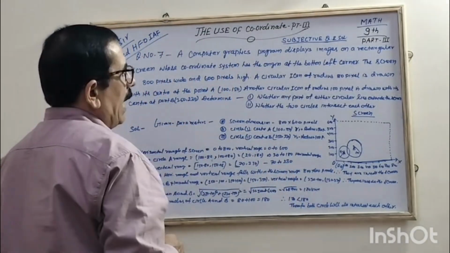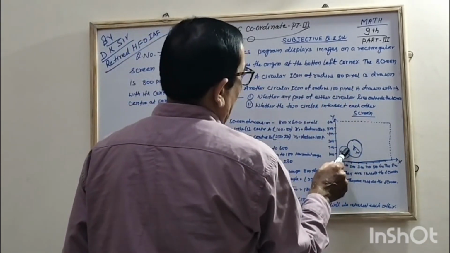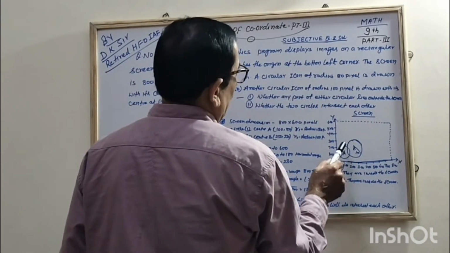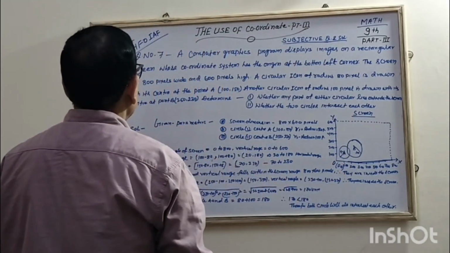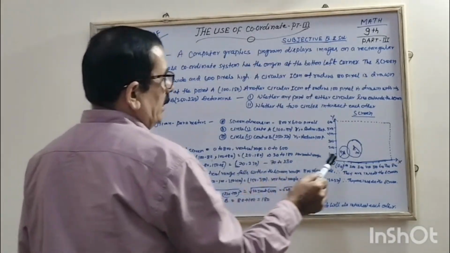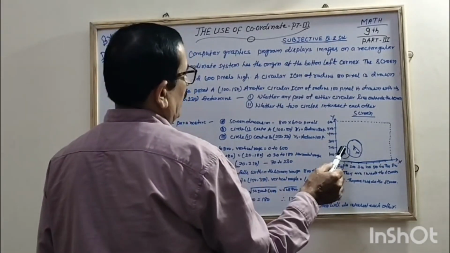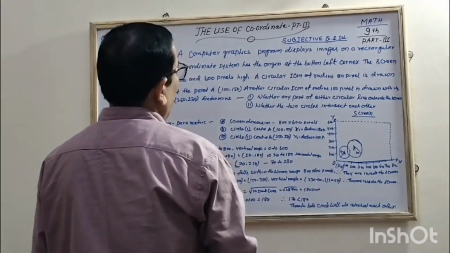A circular icon of radius 80 pixels is centered at point A whose coordinates are 100 and 150, correct? We have gone to 100 on the x-axis and 150 on the y-axis.